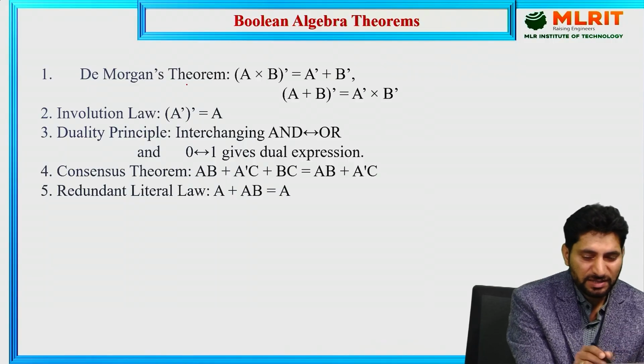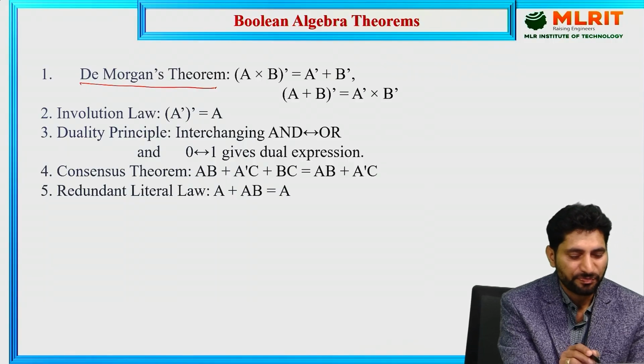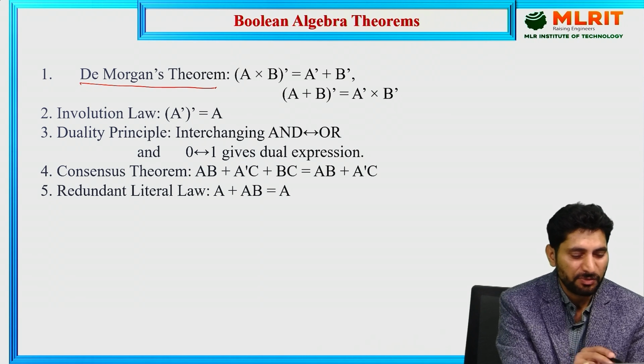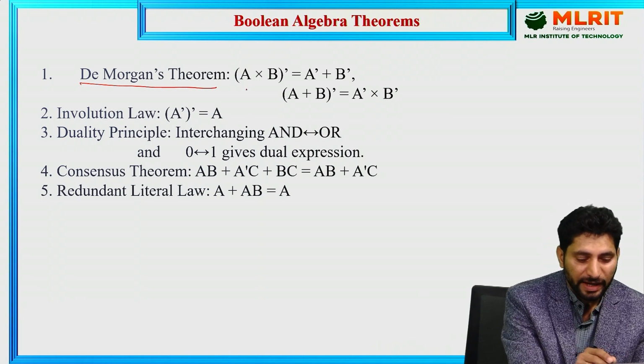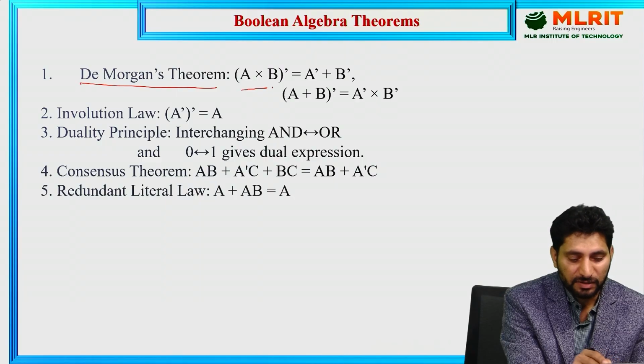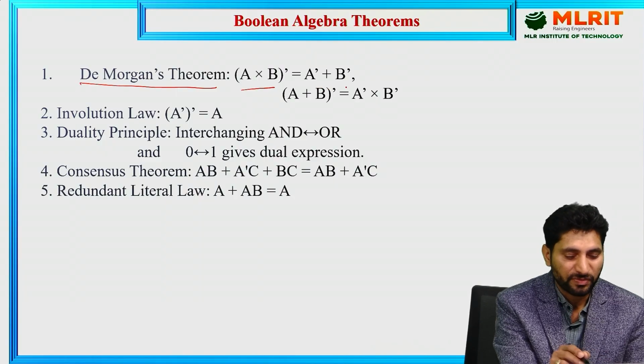As per Boolean algebra theorems, De Morgan's theorem is very important. As per De Morgan's theorem, A cross B whole bar is equal to A bar plus B bar.